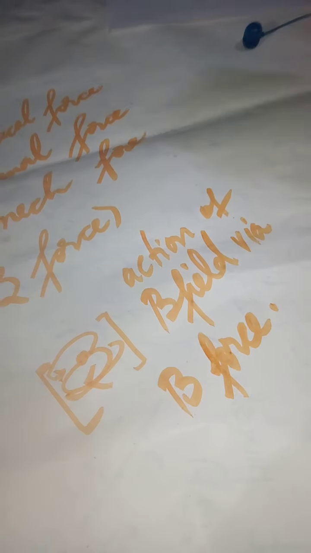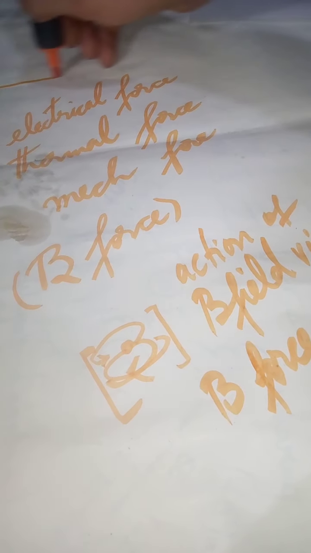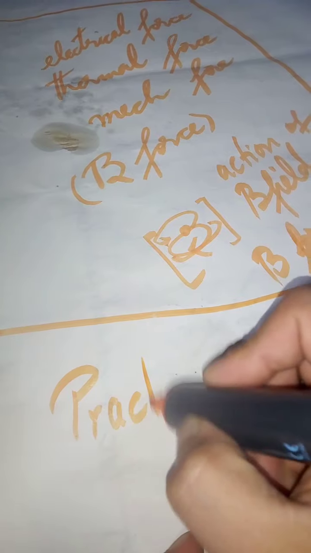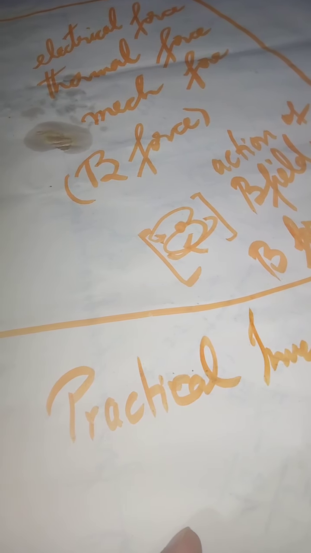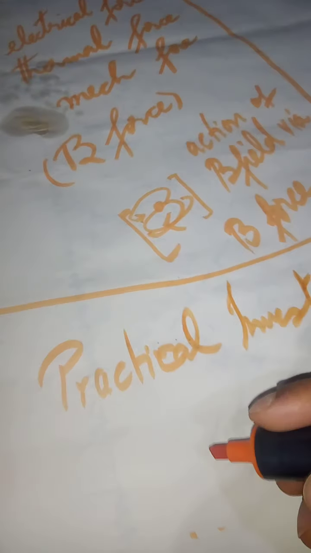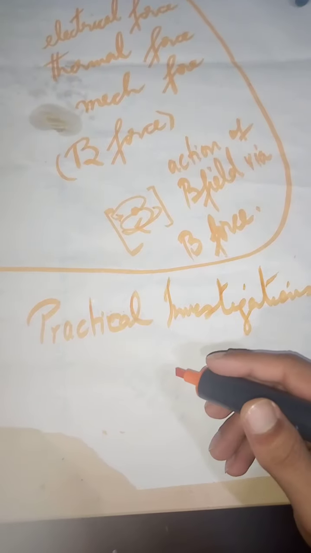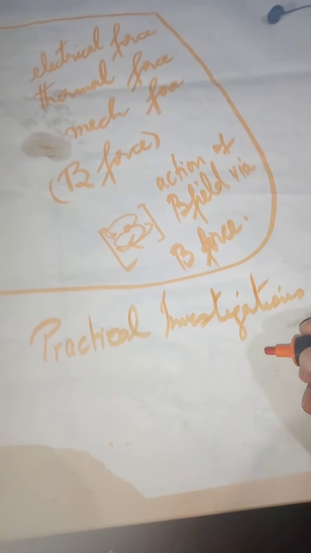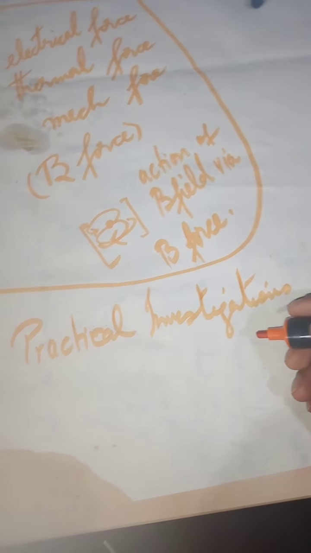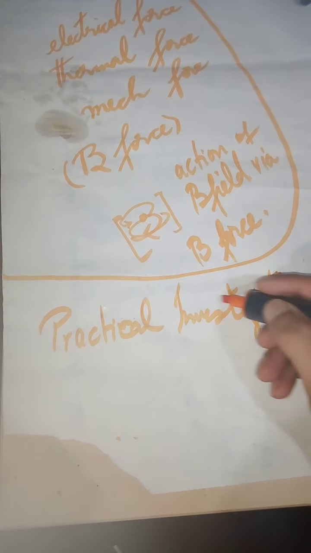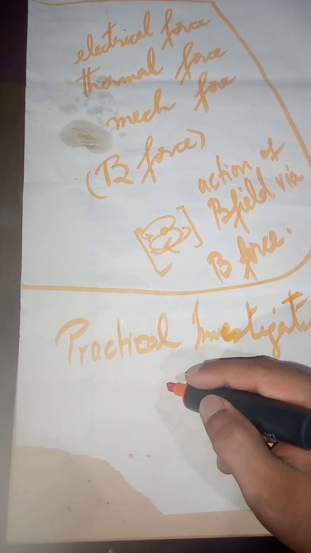I then remind them that in this chapter, there are about 3 to 4 practical investigations, required practicals. One with a paper clip and a magnet, the other one with the iron filings. Then you've got a few of the practicals that talk about how to check out the magnetic density and whatnot.